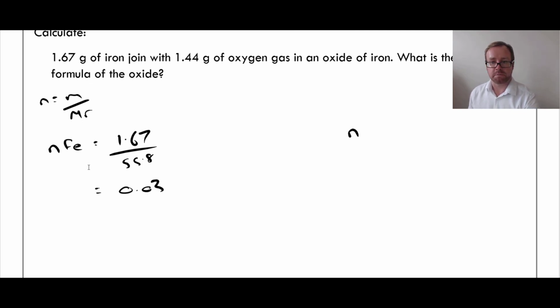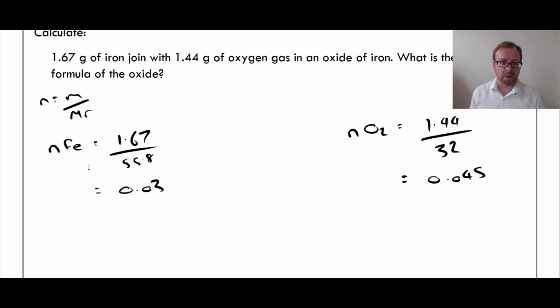I now need to work out my number of moles of oxygen gas. Be careful, it's O2. So that means I have 1.44 divided by 32, 16 times 2, because it's a diatomic molecule, which gives me a value of 0.045.